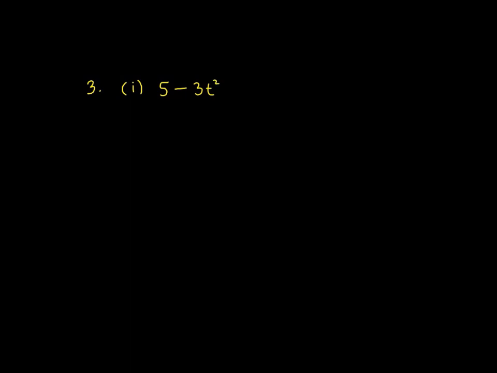Now here we have to find the numerical coefficients of terms which are not the constant terms. Here you can see two terms. The first term is constant 5, and the second term is the term which is containing the variable. So we will write down the coefficient of second term.